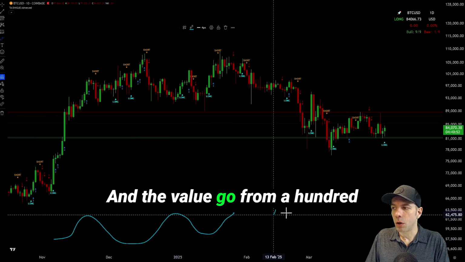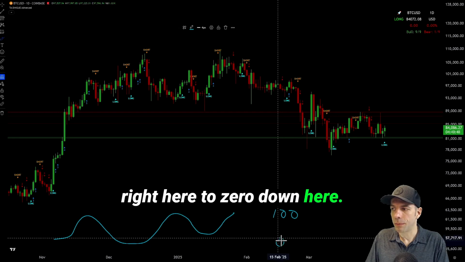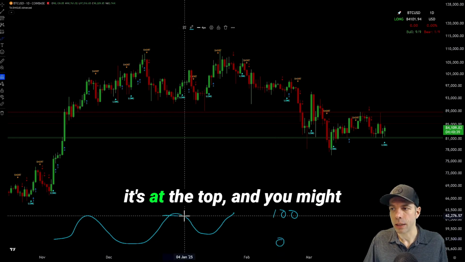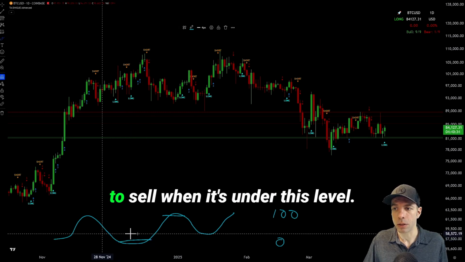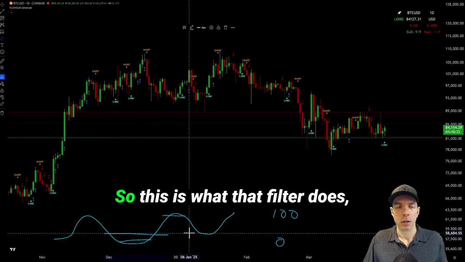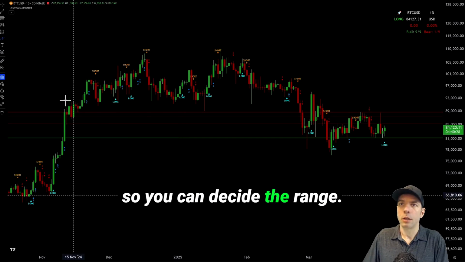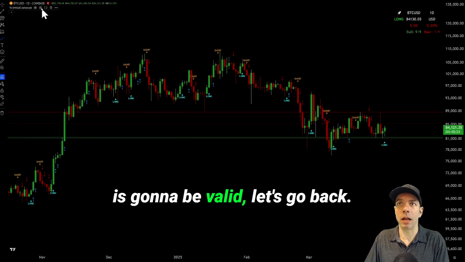And the value goes from 100 right here to 0 down here. You might not want to buy when it's at the top, and you might not want to sell when it's at the bottom, or you might not want to sell when it's under this level. So this is what that filter does. So you can decide the range for longs and shorts where the RSI is going to be valid.